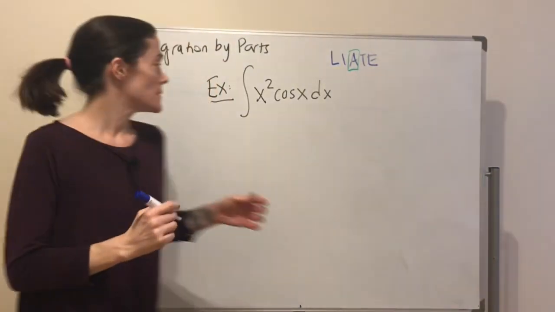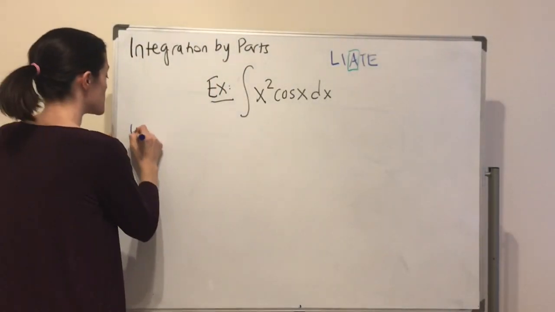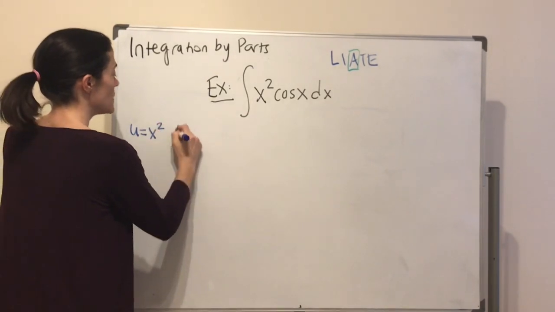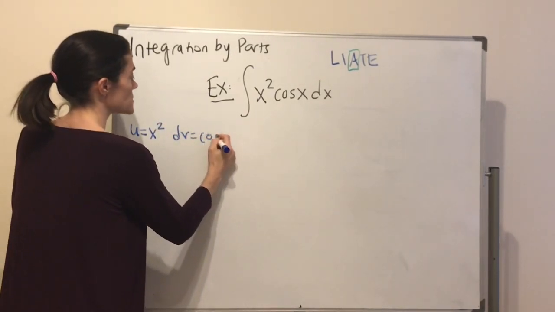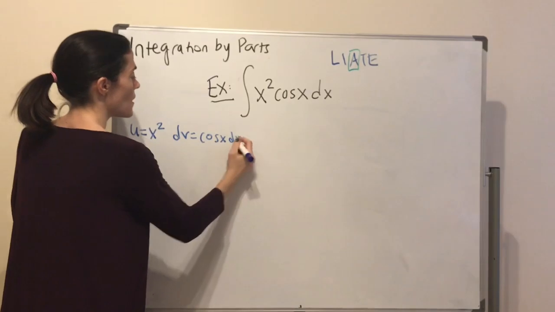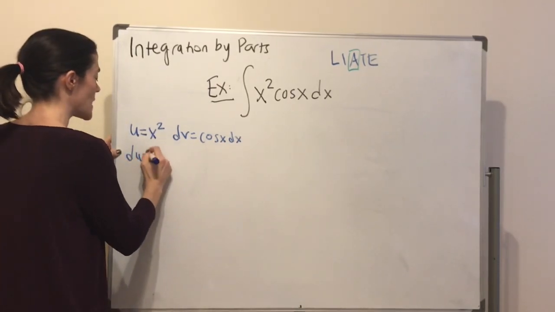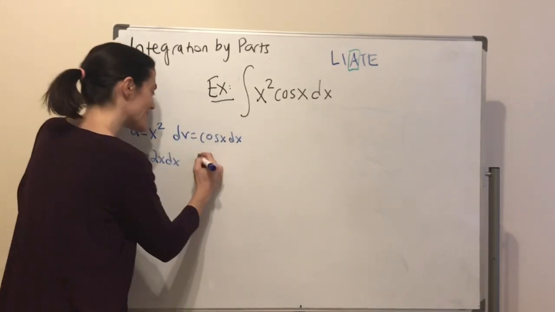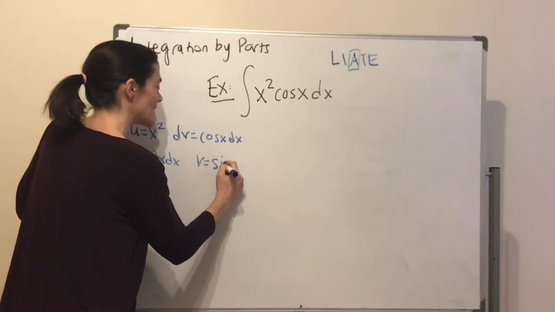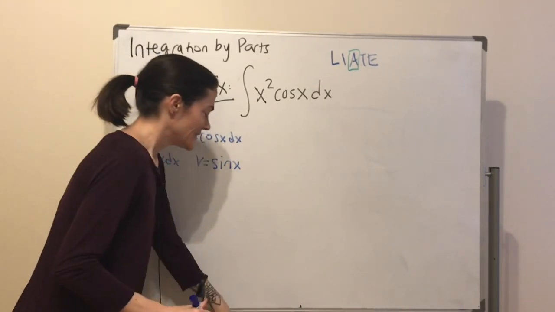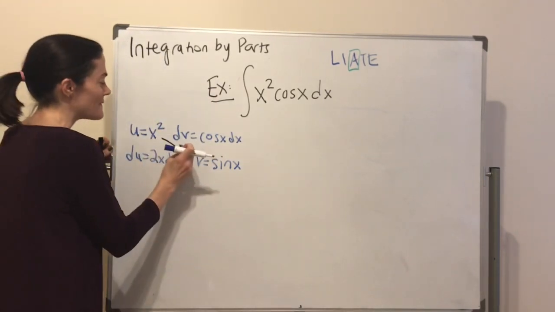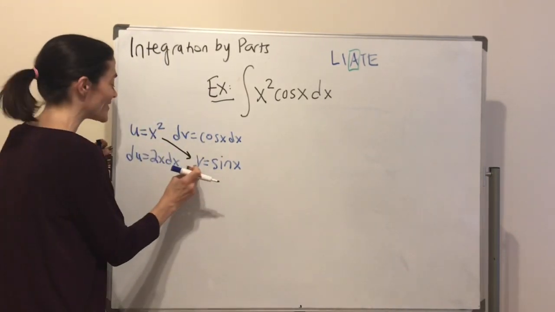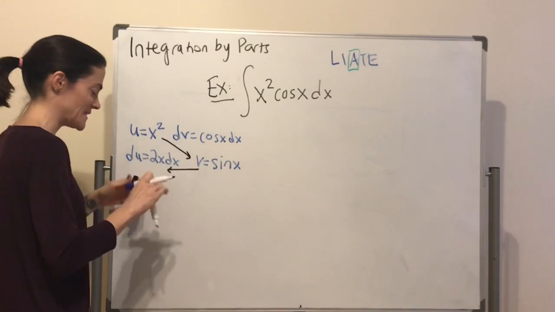Okay? So my u is x squared. dv is everything else. Okay. Then we differentiate, 2x dx, and here we integrate. We get the sine. uv minus the integral of v du.